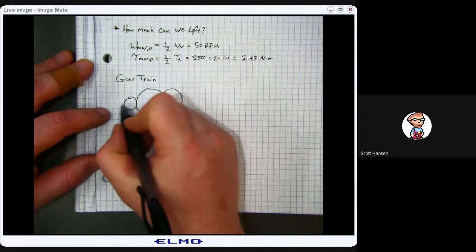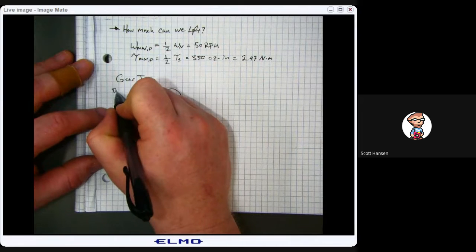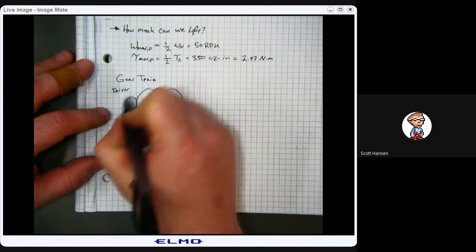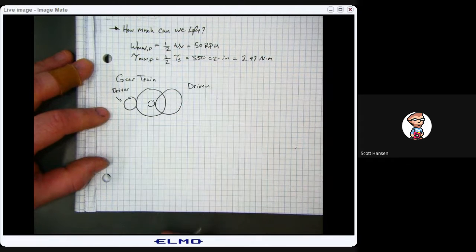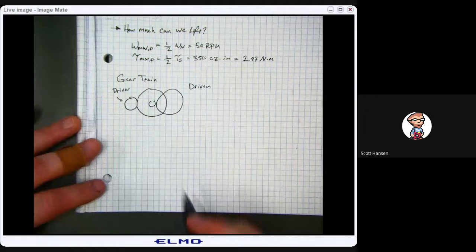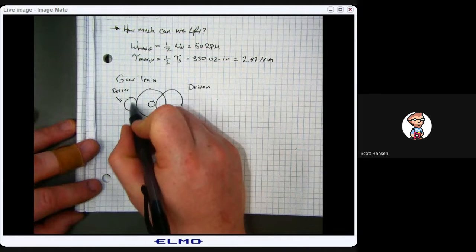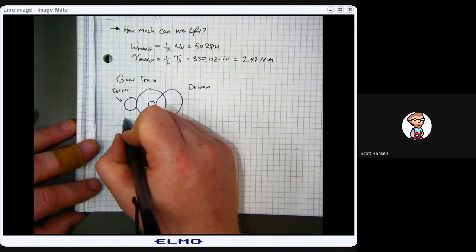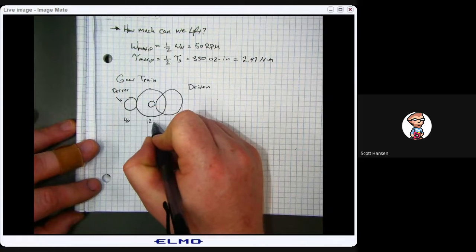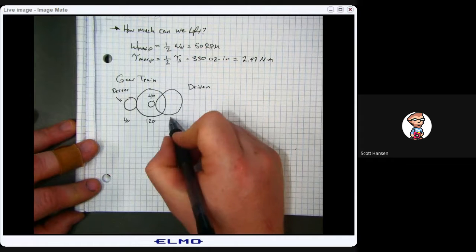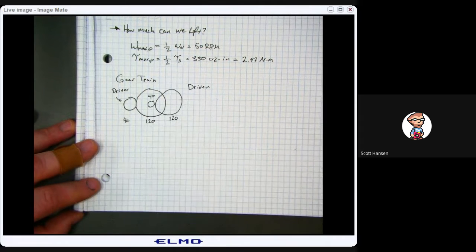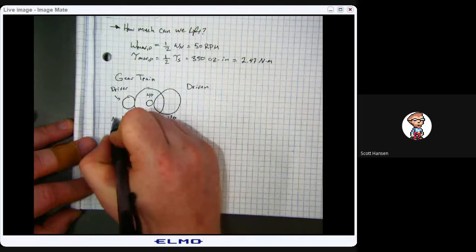This is my driver, and this is my driven gear. The number of teeth for this little gear is 40, the big gear is 120, this little gear is 40, and this is just another 120 tooth big gear.